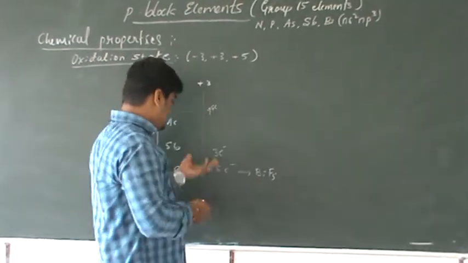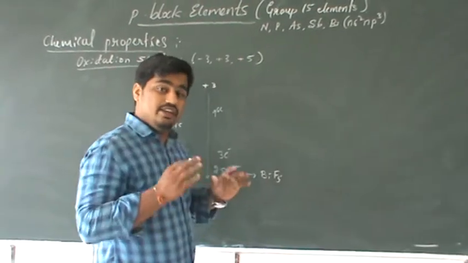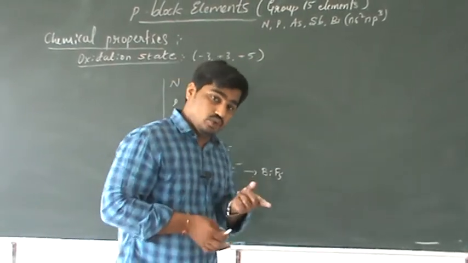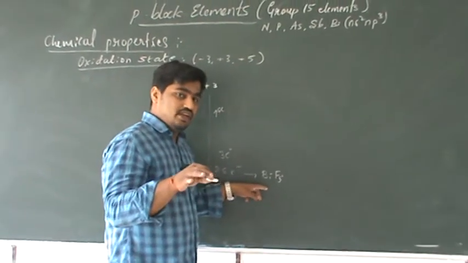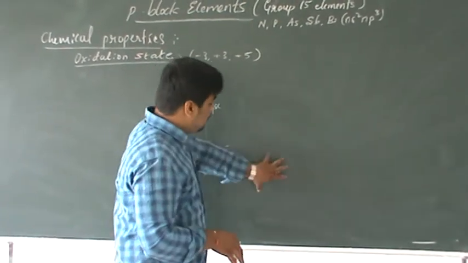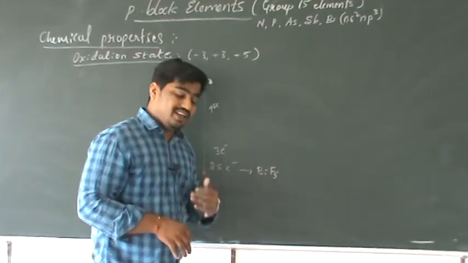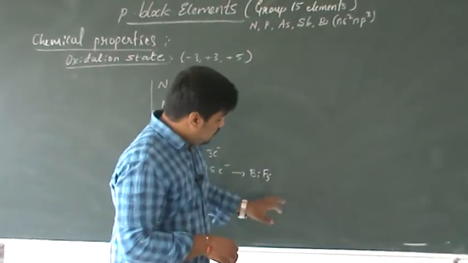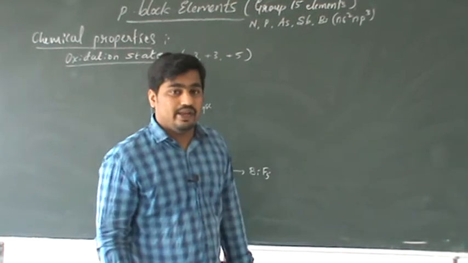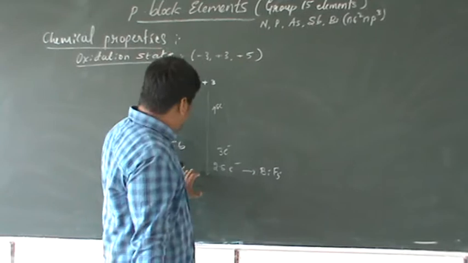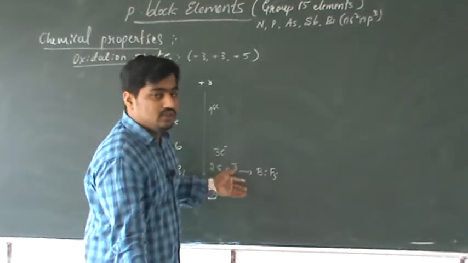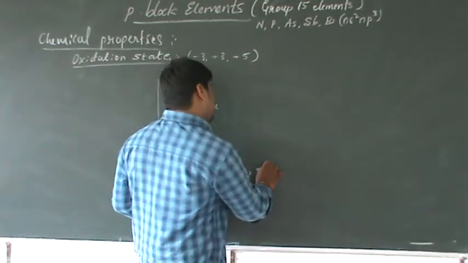In this case, +3 is stable. Although bismuth shows +5 in a few cases, it is due to the incoming element. If more electronegative elements like fluorine bind with it, then there is a possibility of showing +5.